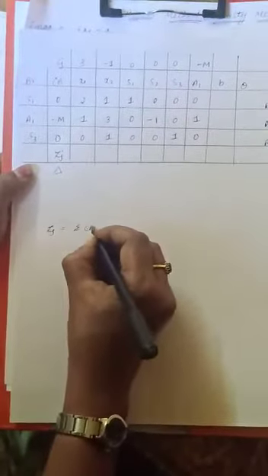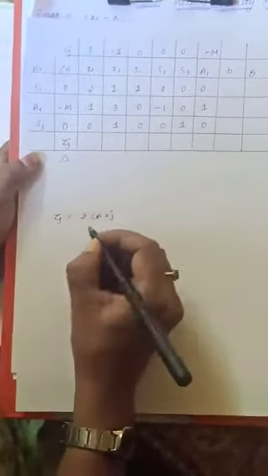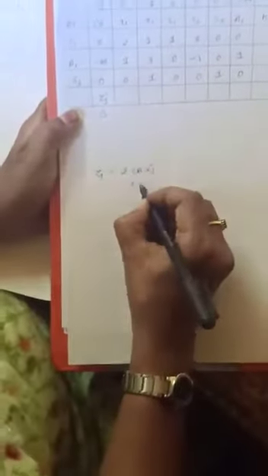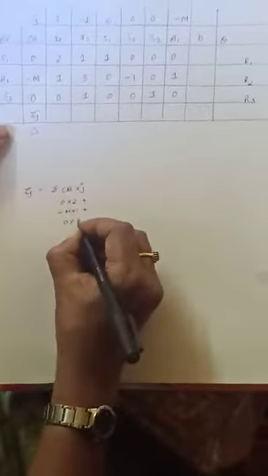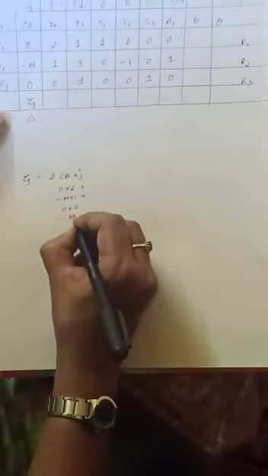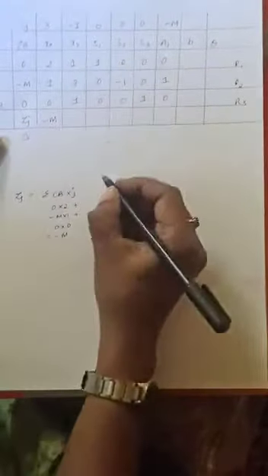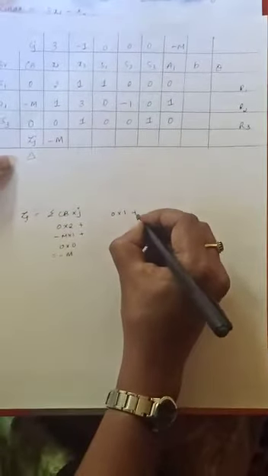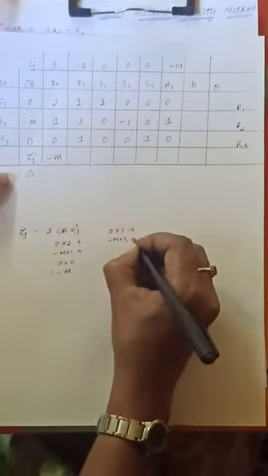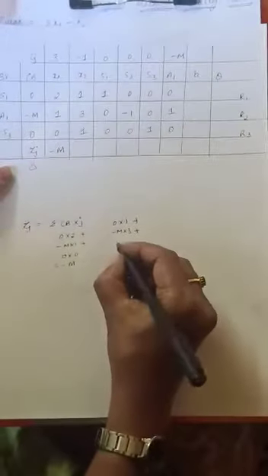Then the next step is to find out Zj. Zj is nothing but summation of Cb into Xj. So it is 0 into 2 plus minus M into 1 plus 0 into 0, which is nothing but minus M. So I write down minus M. Next, it is 0 into the x2 value 1 plus minus M into 3 plus 0 into 1.